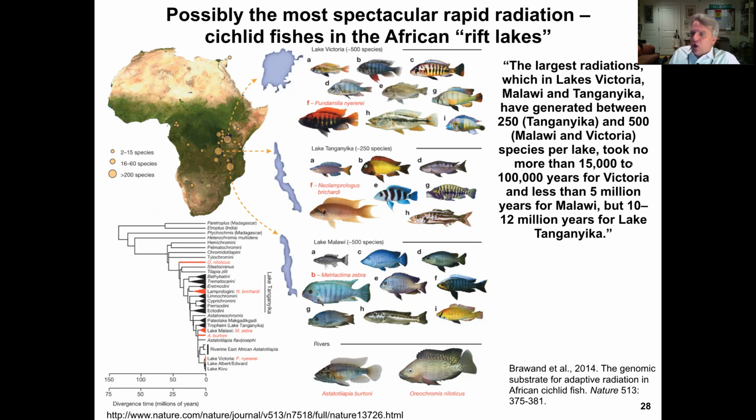The age of the lake basin for Victoria is no more than 15,000 to 100,000 years old, and less than 5 million years for Lake Malawi. So in this short period of time, both Victoria and Malawi have diversified to 500 species.